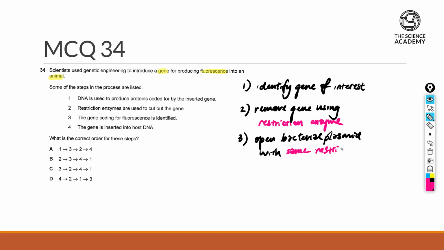And the act of using this same restriction enzyme actually allowed the gene that was removed as well as the open bacterial plasmid to have what we call complementary sticky ends.